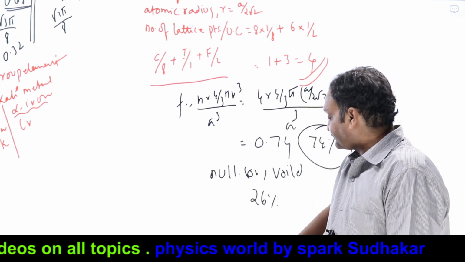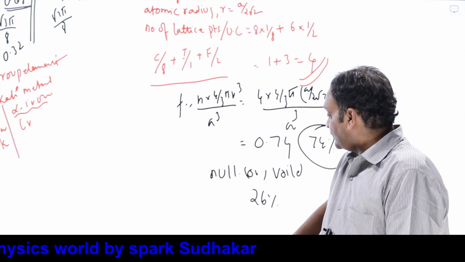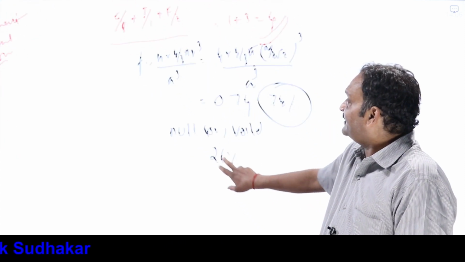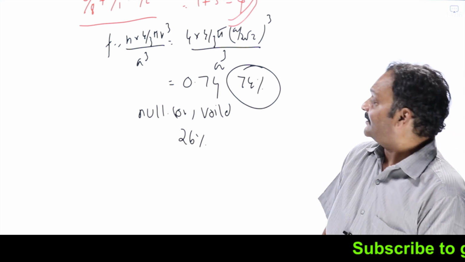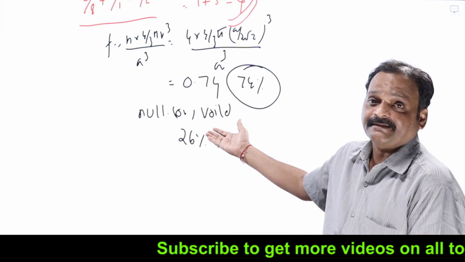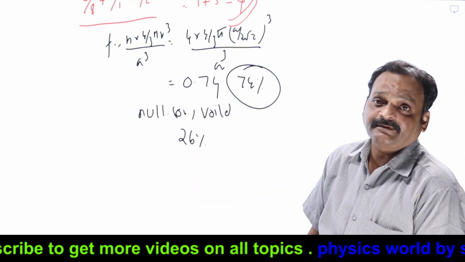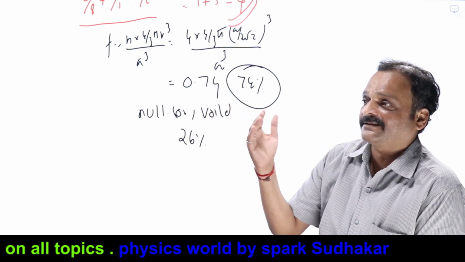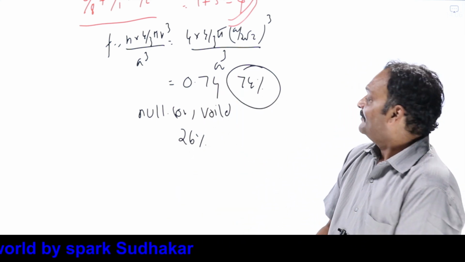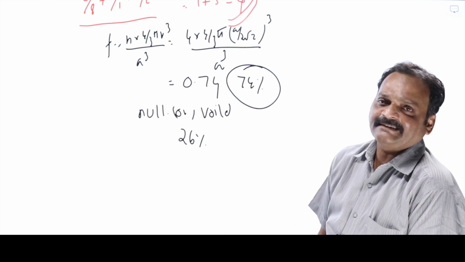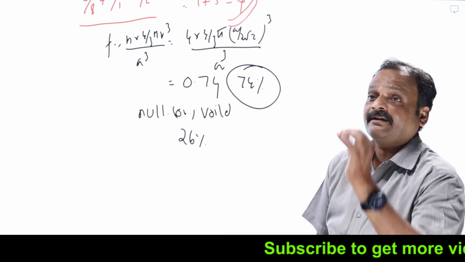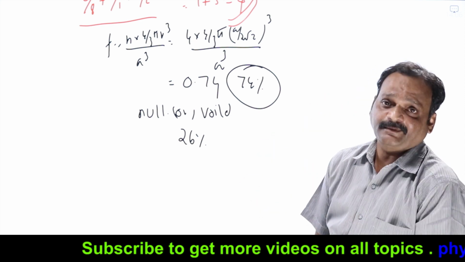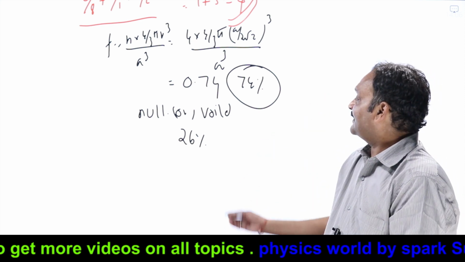About 16 elements crystallize in FCC structure, because it's a very closely packed structure. Some books call it close packed, some books call it closest packed structure. Whatever it is, 74% is the maximum possible packing fraction in solid state physics, remember, and 12 is the maximum coordination number.